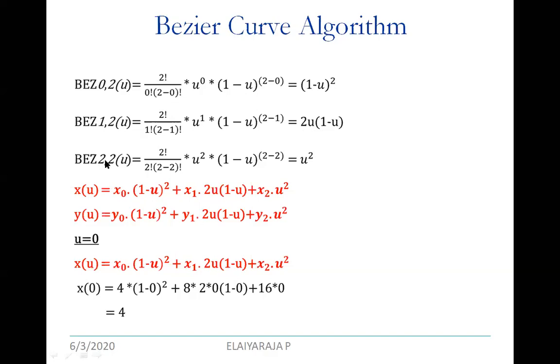Then for the final Bezier function, k equal to 2 and n equal to 2, you get u power 2, u square, right? So at the 0,2 position you got this value, at the 1,2 position of the control point you got this value, and at the 2,2 position you got this value.